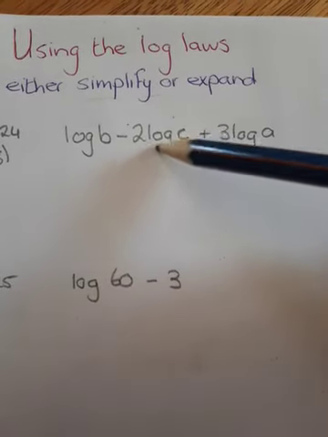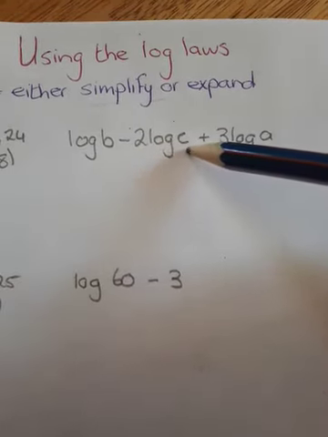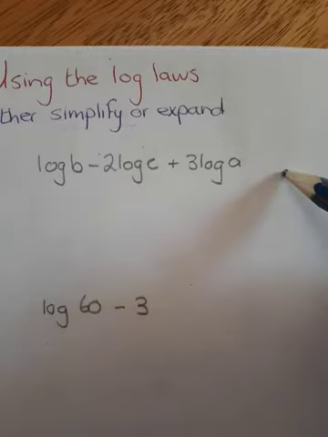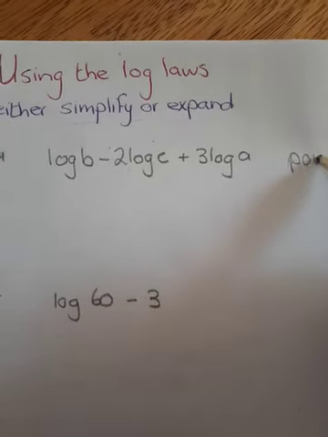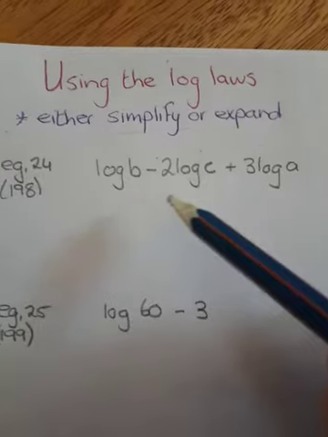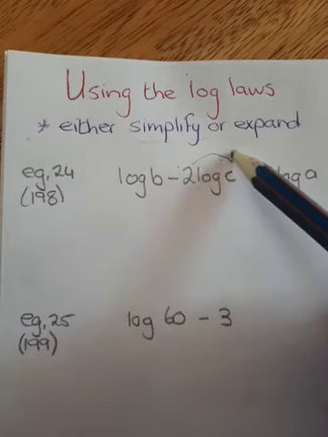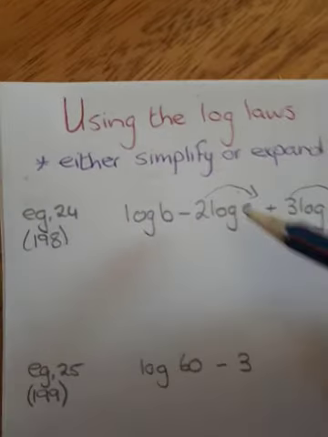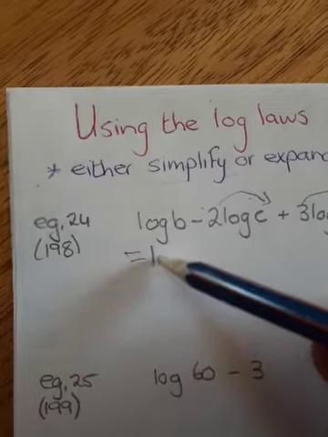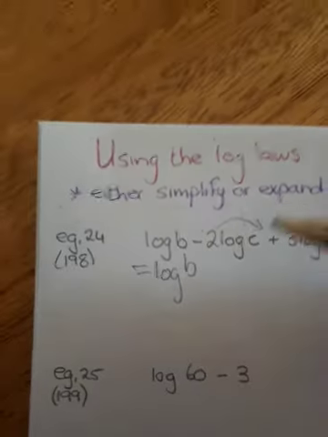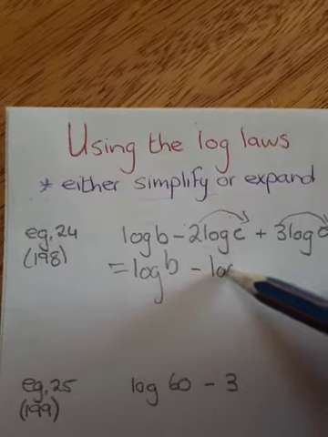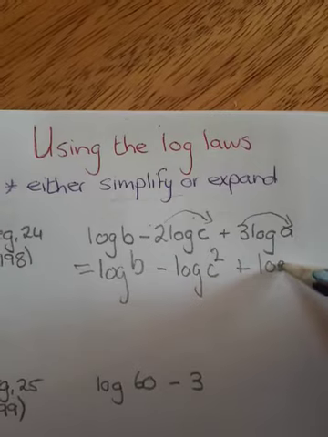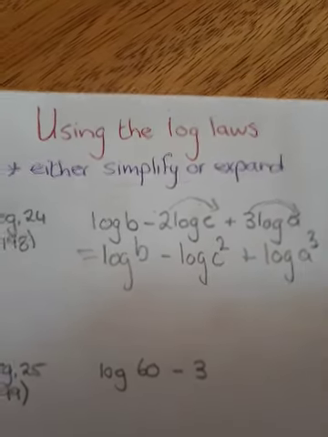So when we look at the example log B minus 2 log C plus 3 log A, we first apply the power log, which means this becomes the power of C and that becomes the power of A. So it will become log B minus log C to the power of 2 plus log A to the power of 3.